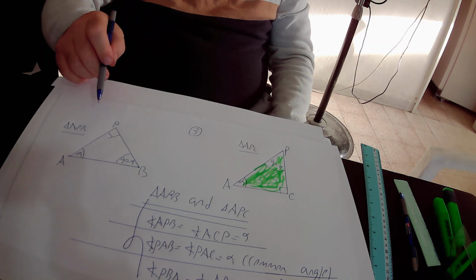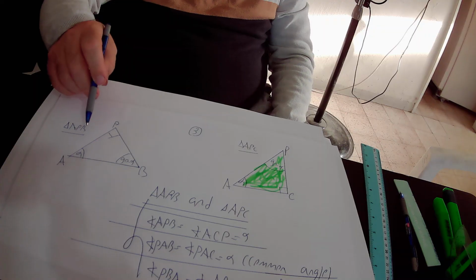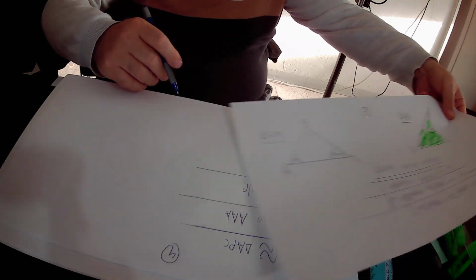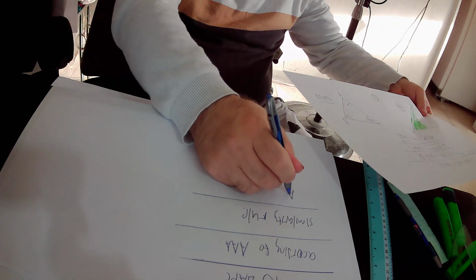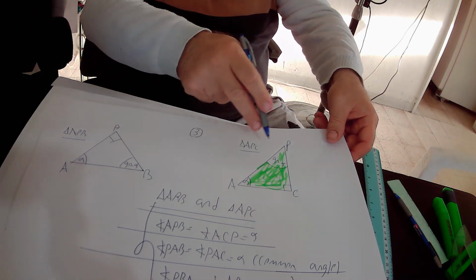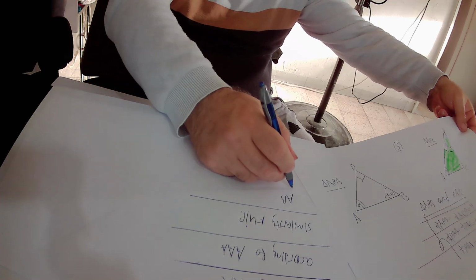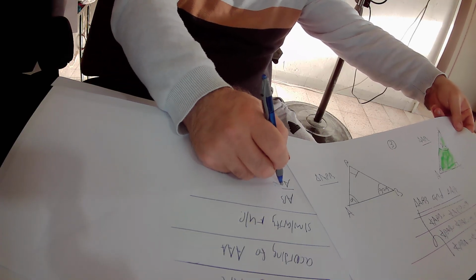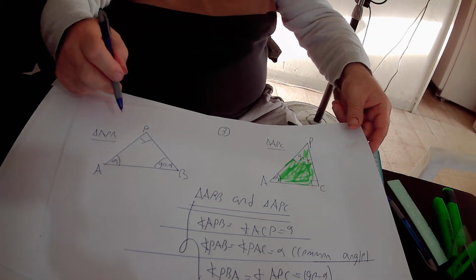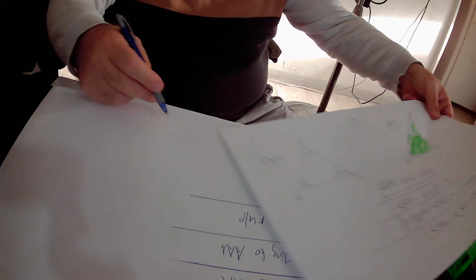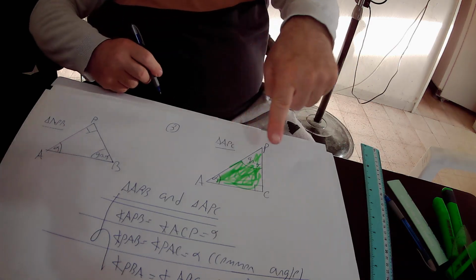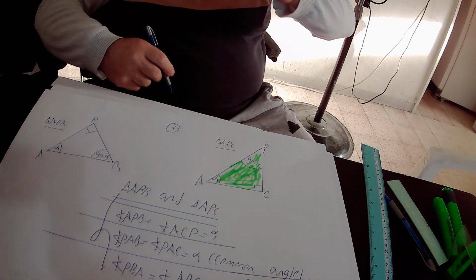We derive that side AB in the right triangle APB over side AP in the green triangle APC equals side AP in the right triangle APB over side AC in the green triangle APC.